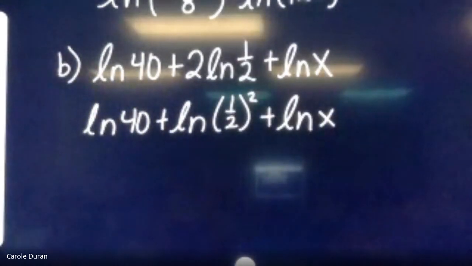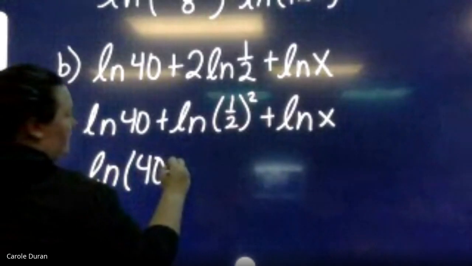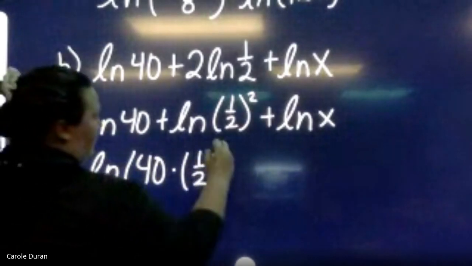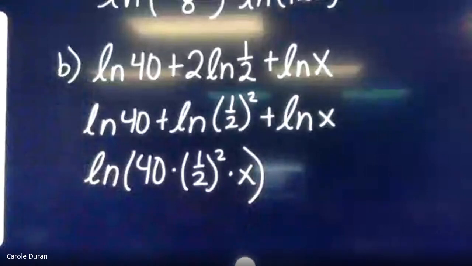Then I recognize that the addition of 2 logs becomes multiplication. I actually have 3 and they're all being added, so it's all going to turn into multiplication. So then this becomes the natural log of 40 times 1/2 squared times x. And then from here, we're just going to simplify inside of the natural log.